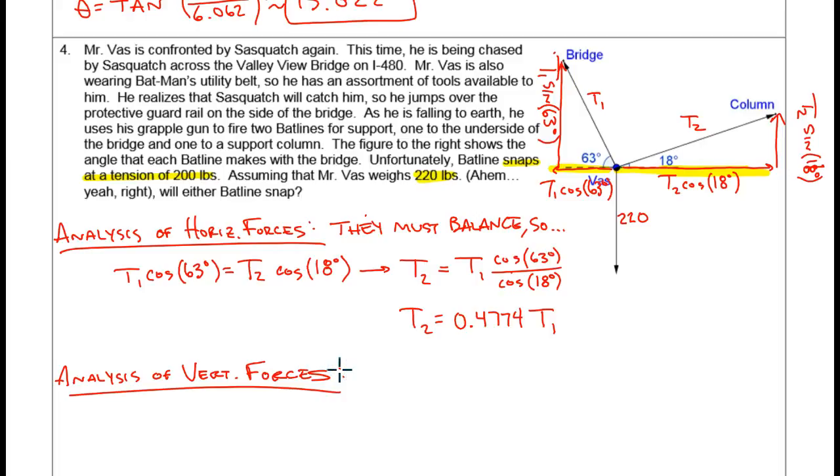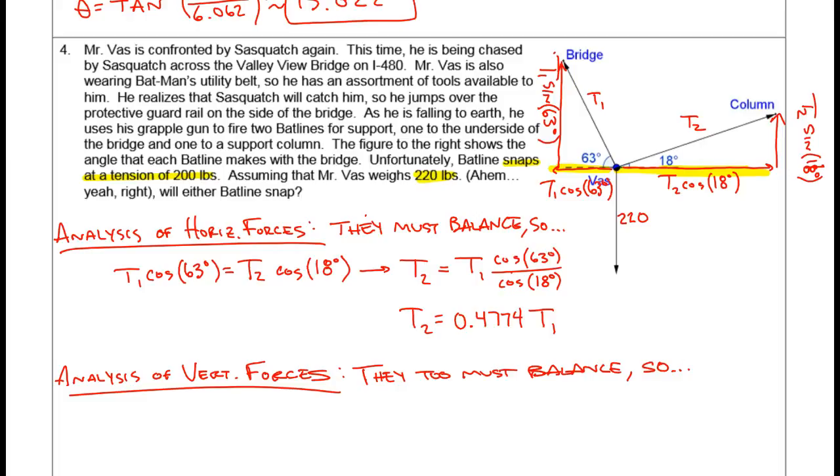And they too must balance, otherwise things will be moving. And because they balance, the following must be true. Okay, so let's take a look back at our picture now.